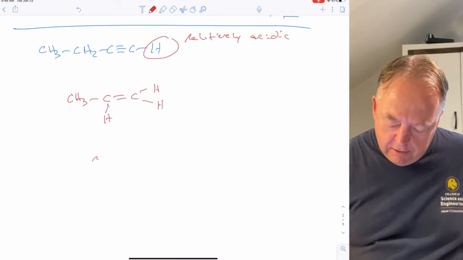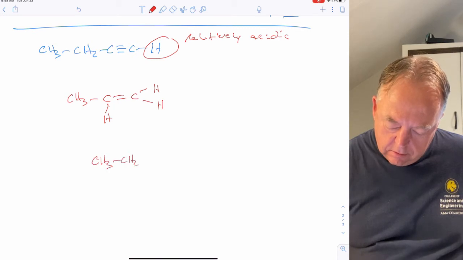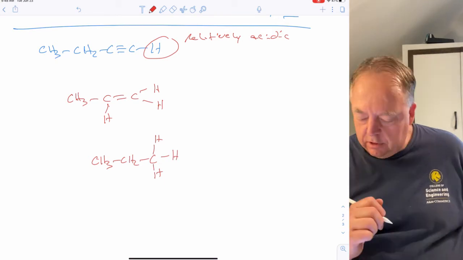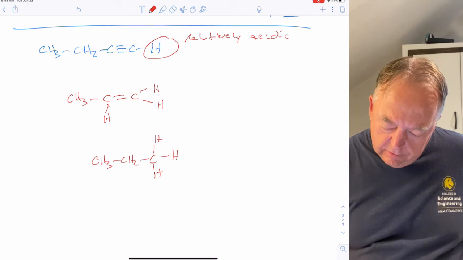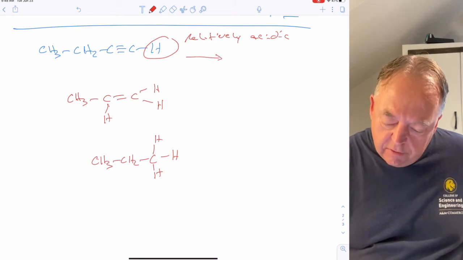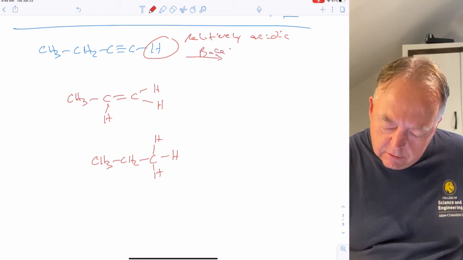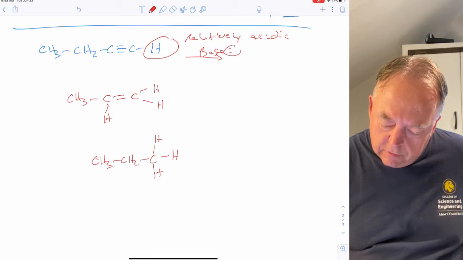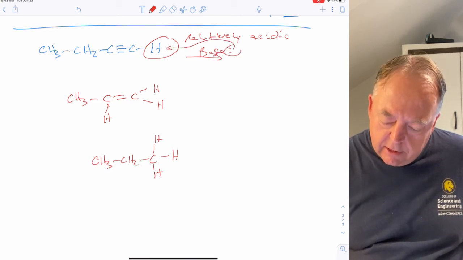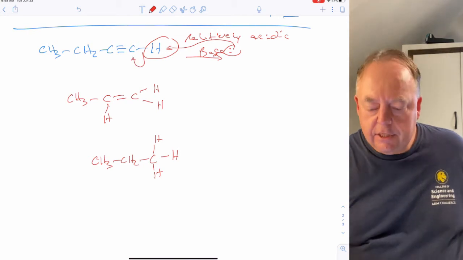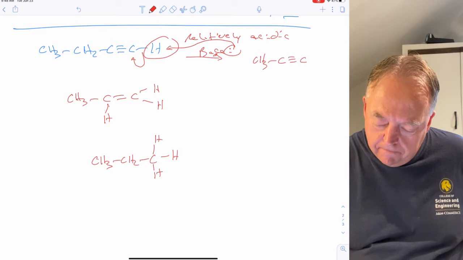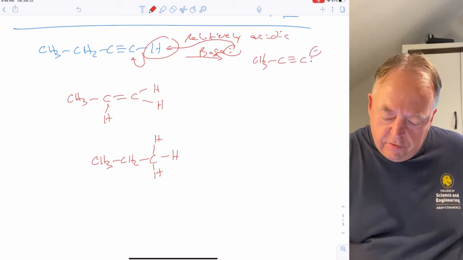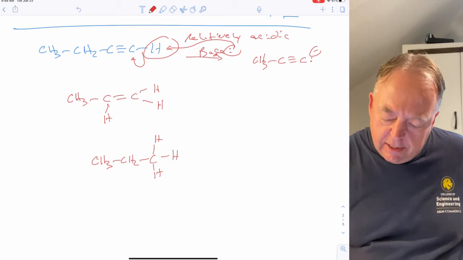So if we compare now an alkyne to an alkene and to an alkane, if we were to remove a hydrogen from any of these carbons with a base, we take a lone pair on a base, make a bond to the hydrogen, and the electrons in the CH bond become a lone pair on carbon. That would be the conjugate base of an alkyne.